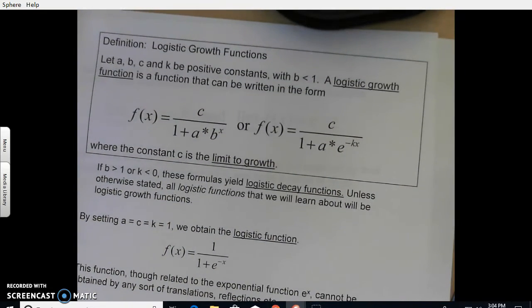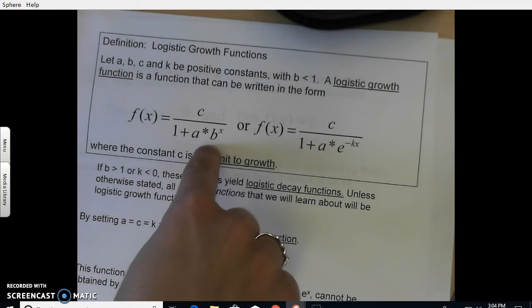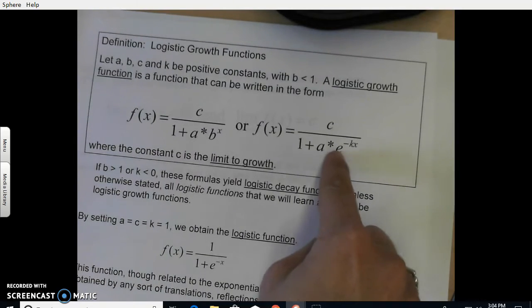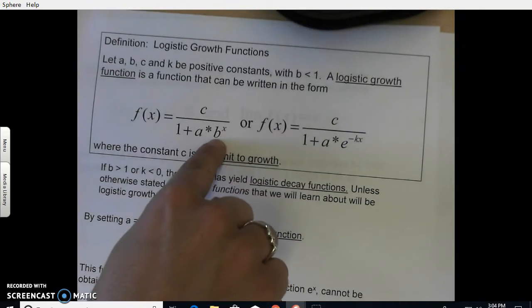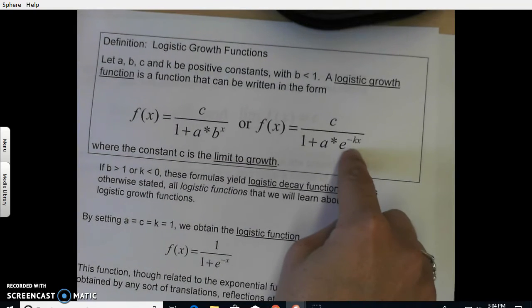If b is greater than 1, so our base is greater than 1, or if k is less than 0, we talk about decay. So here, if b is less than 1, we grow, and if k is positive, we grow.